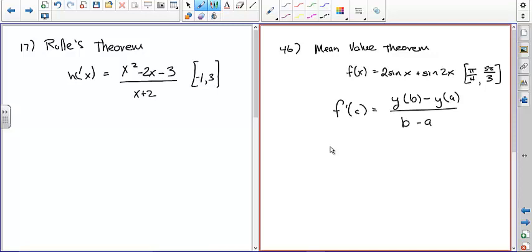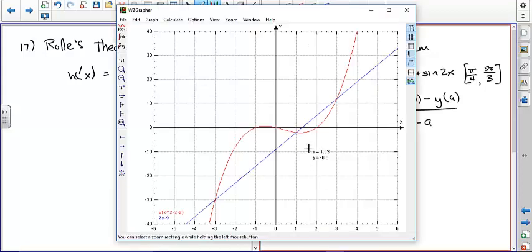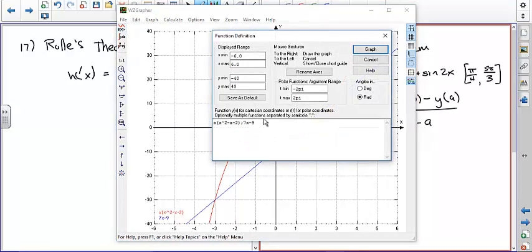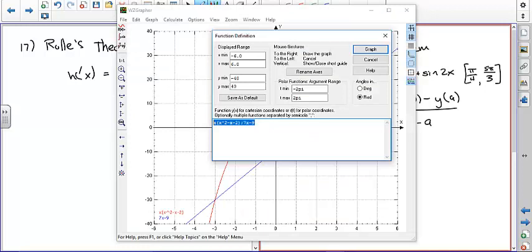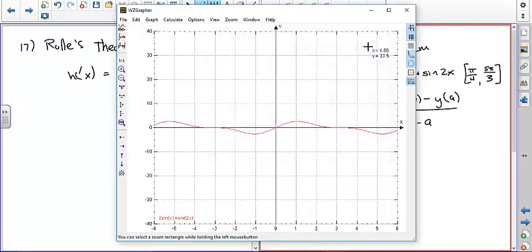And while you're doing that, I'm going to plot this thing. Just show you what it looks like. I already forgot what it was. 2 sine x plus sine of 2x. And we'll graph that. Looks kind of like that.